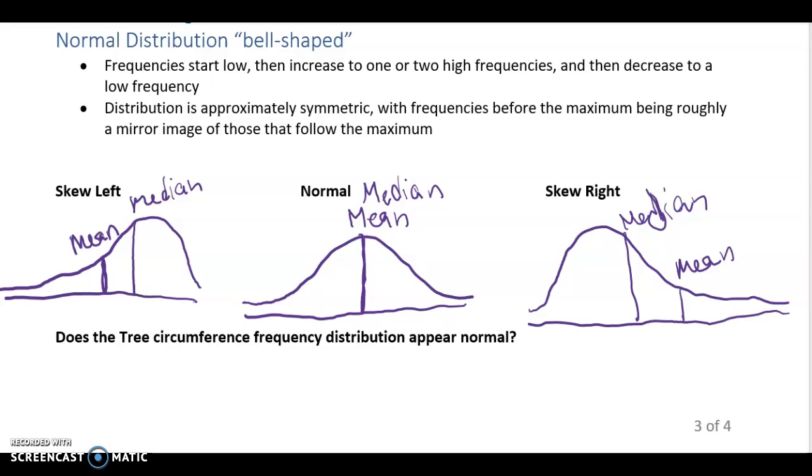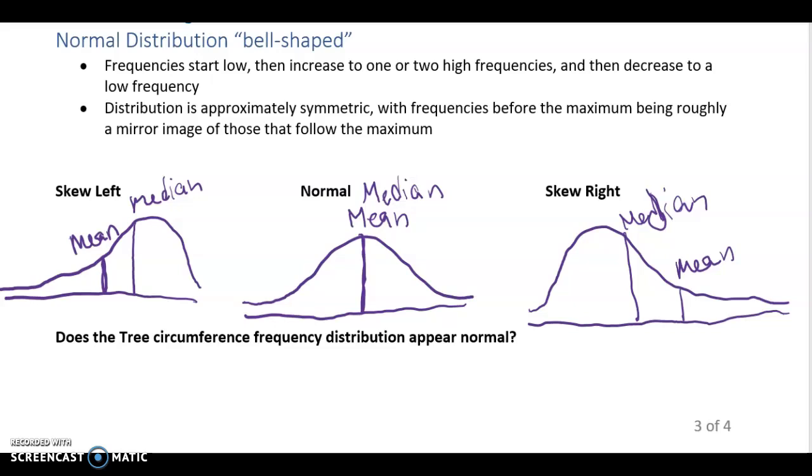Our whole class took a test and say the middle grade on the test when I lined them all up was a 72%. So if I took all your test grades and put them in order, the middle grade in the pile would be 72%. But say most people did around that area, but then there was one person who got the test right, and on top of it, she got 10 points bonus. Well, if she got 110, that would drag our test score average up, so the mean is higher than the median for skew right.